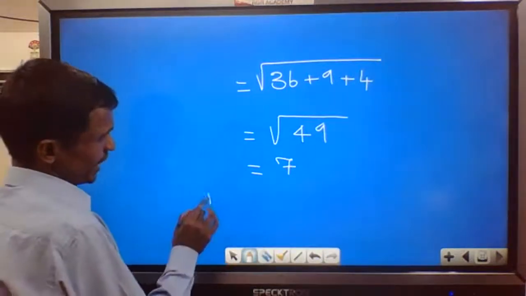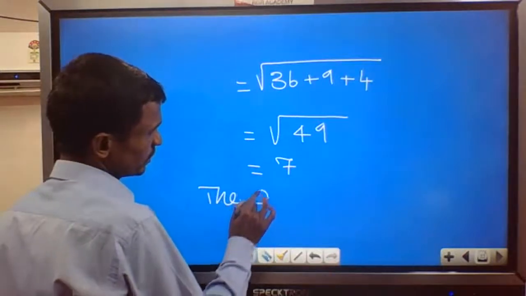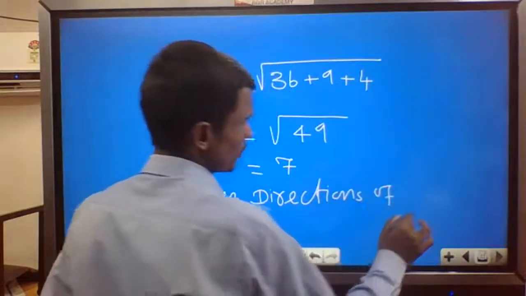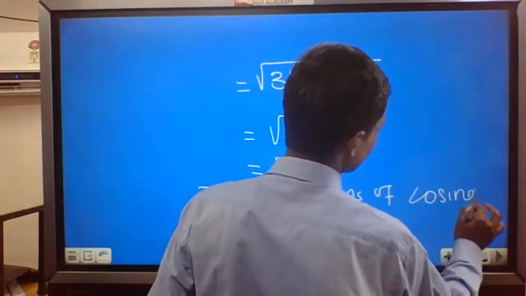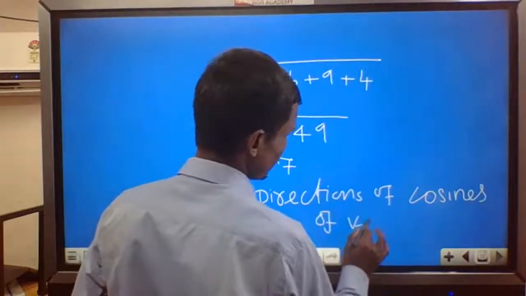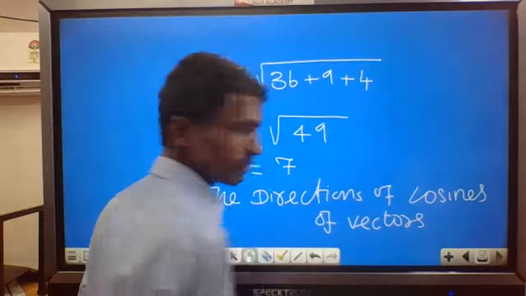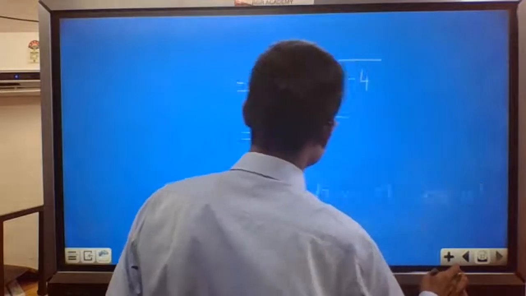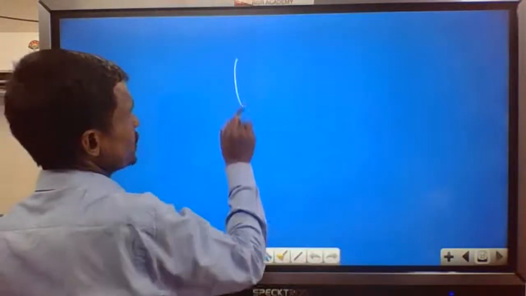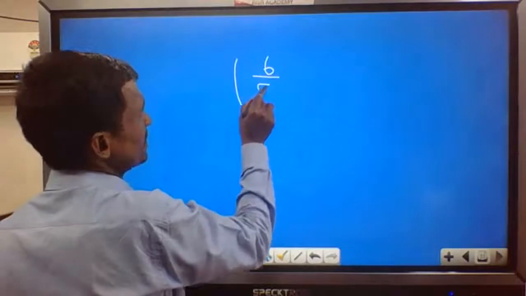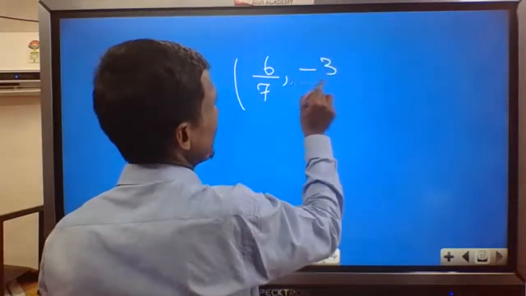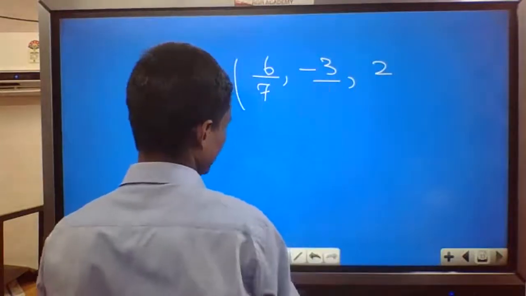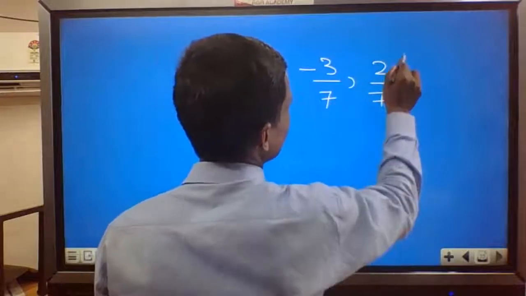The direction cosines of the vector: the first one 6 divided by 7, the second one minus 3 divided by 7, and the third one 2 divided by 7.